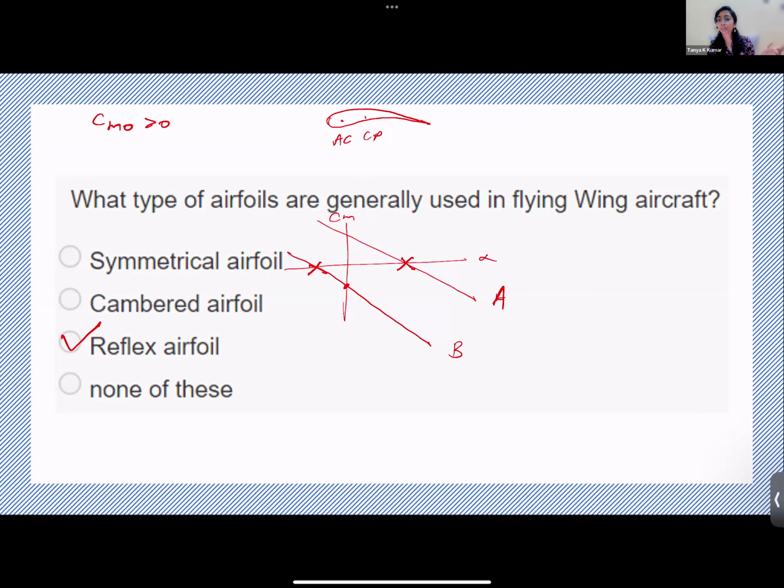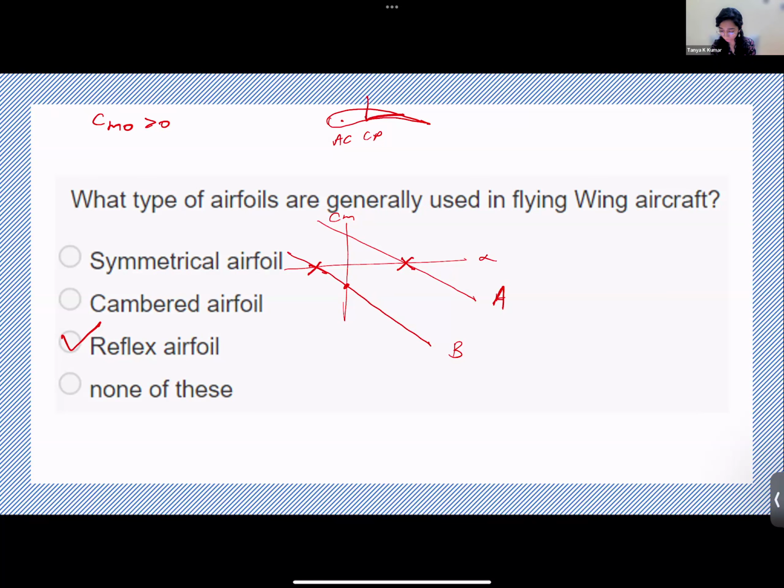But since the CP kept moving with angle of attack, we needed a different point about which we can do our analysis. That is your aerodynamic center, which by definition is the point that does not change with angle of attack. So we consider our analysis at point AC. We have to transfer the aerodynamic forces and moments to the AC.